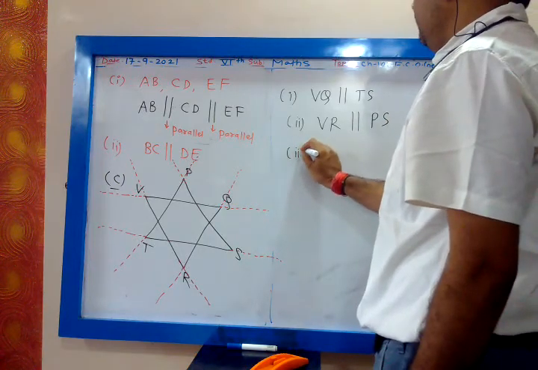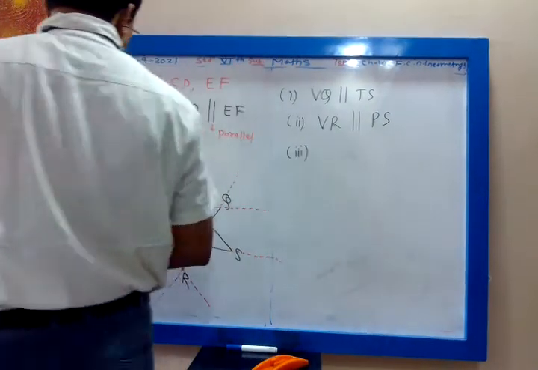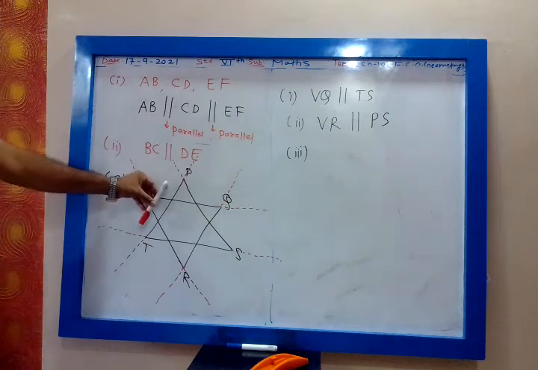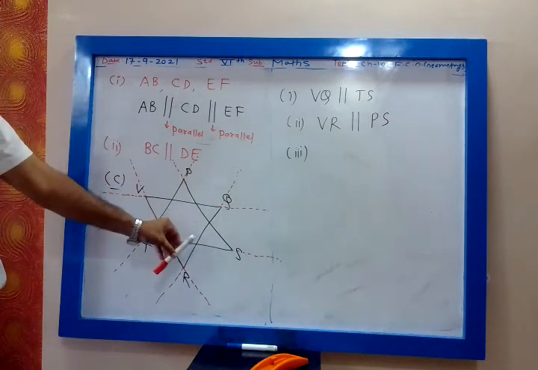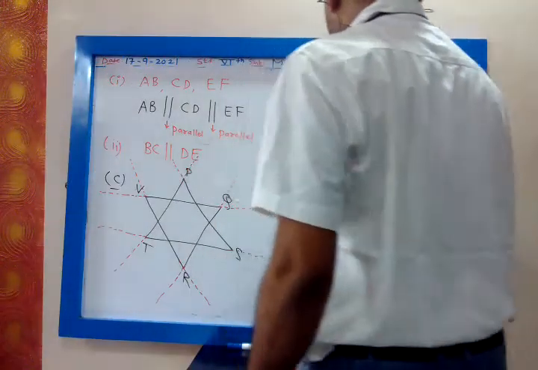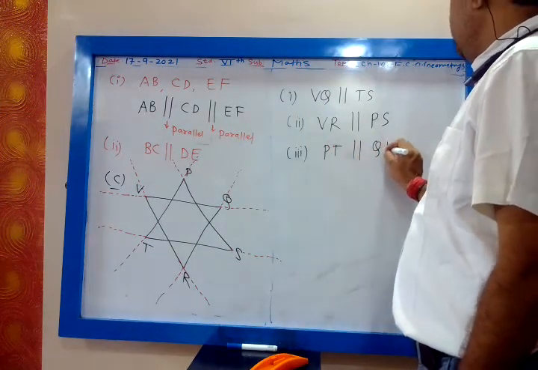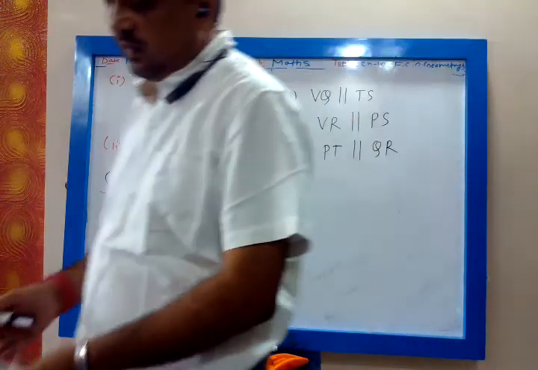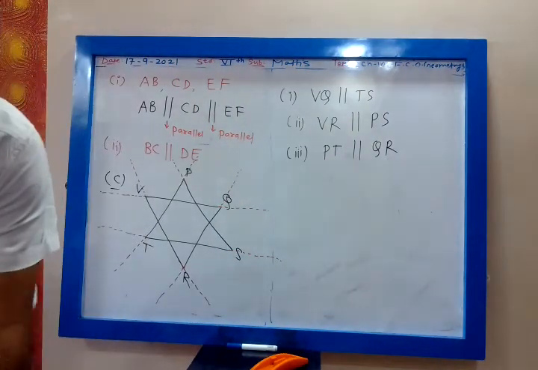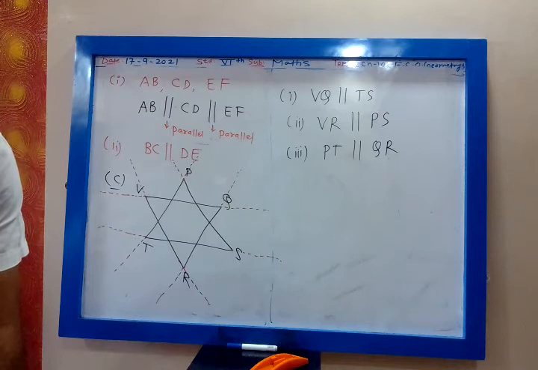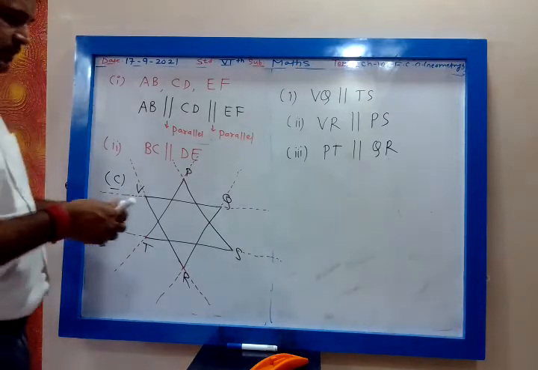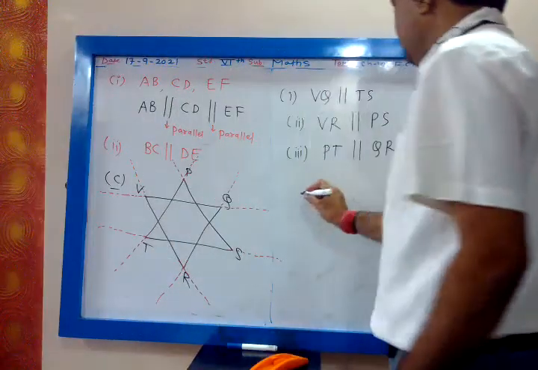Now third, what is that? Yes, PT is parallel to QR. Is there any other line which is parallel? No.